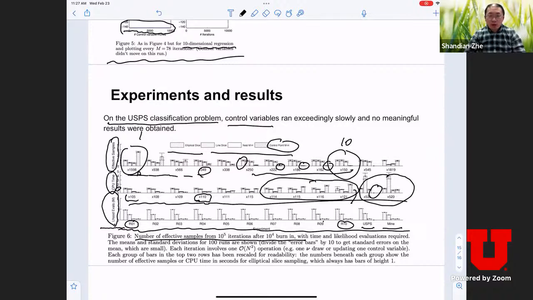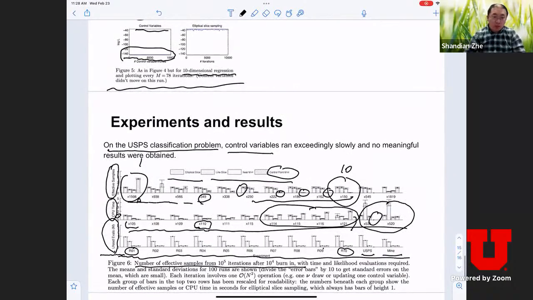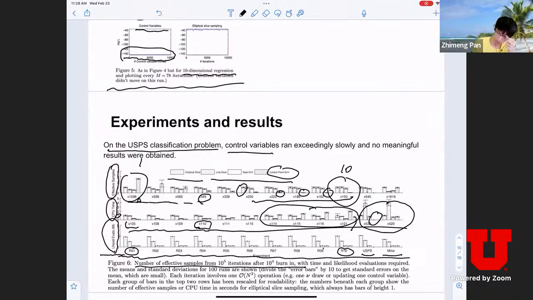Okay. Any questions? Any comments? From what we have seen here, the idea of this paper is, I'll use the word simple, but sometimes simple is good.